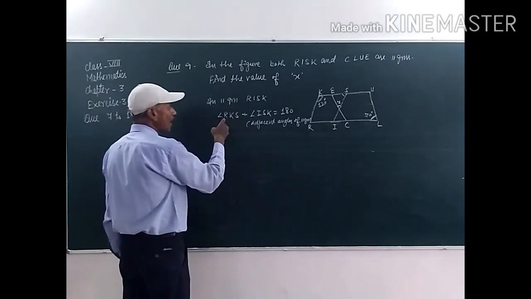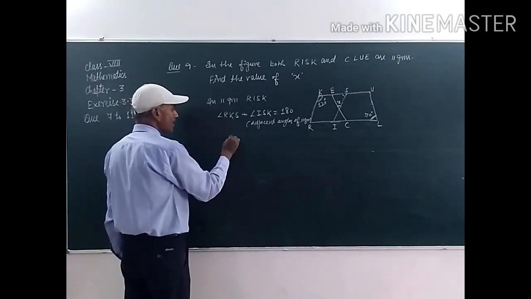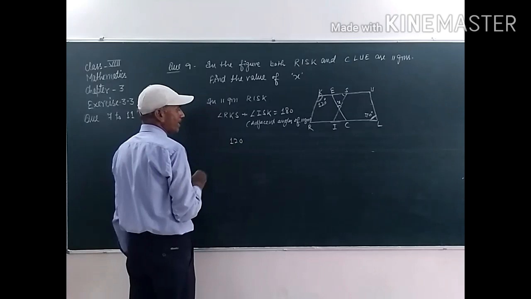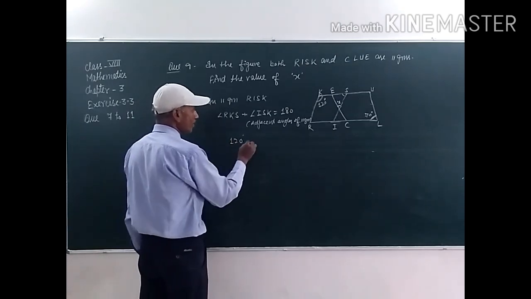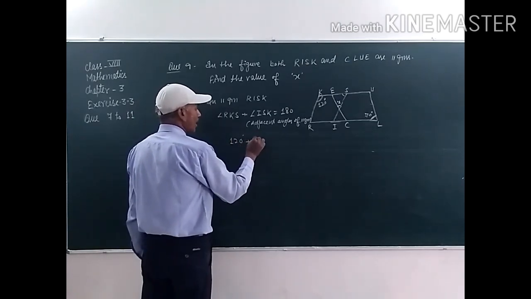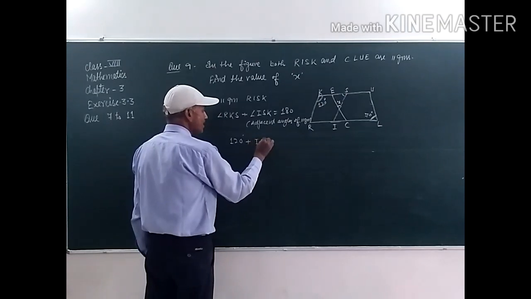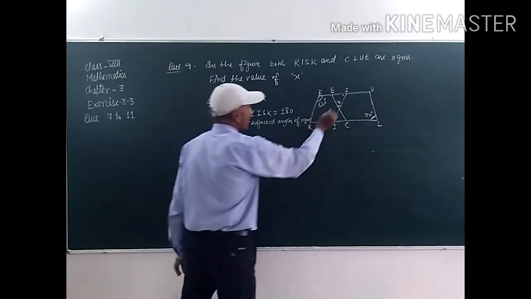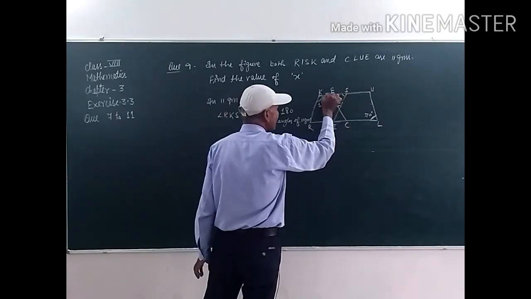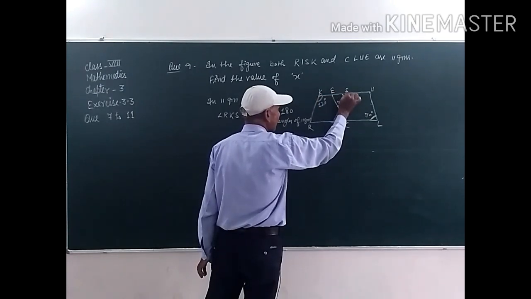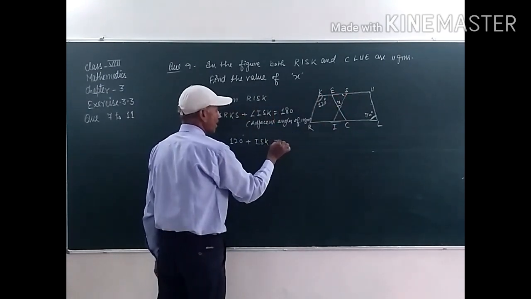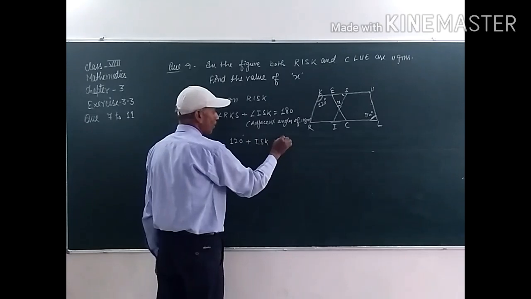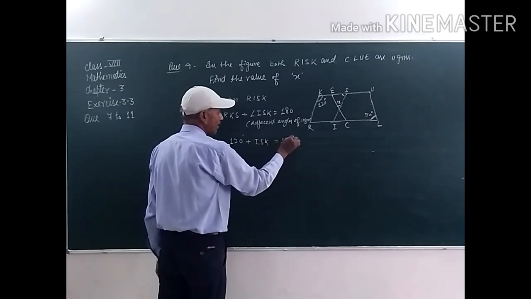So value of angle RKS is 120 degree, student, plus ISK, name of this angle, that is sum of these two angles will be 180 degree.